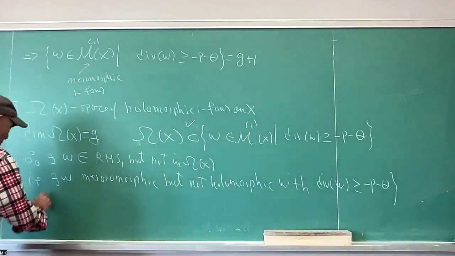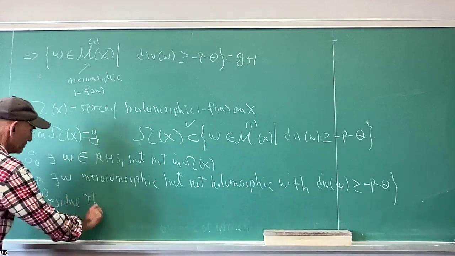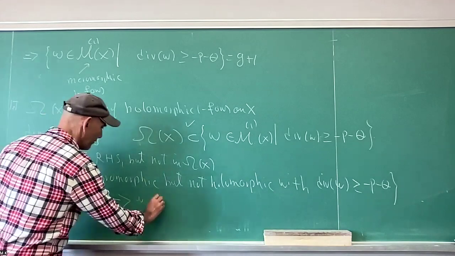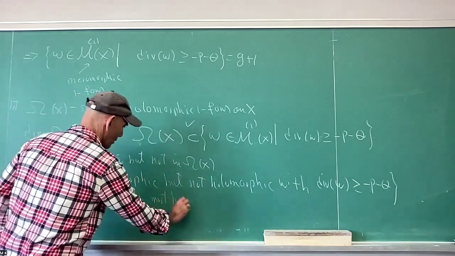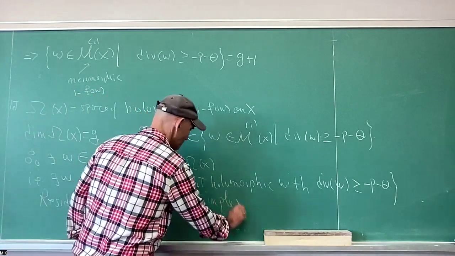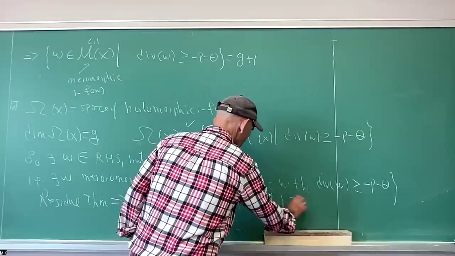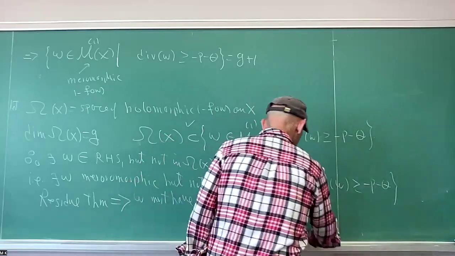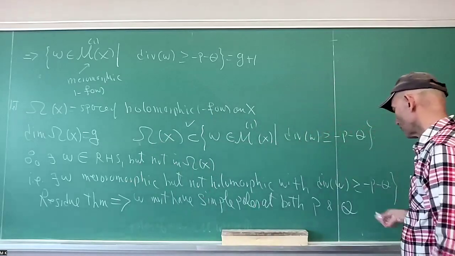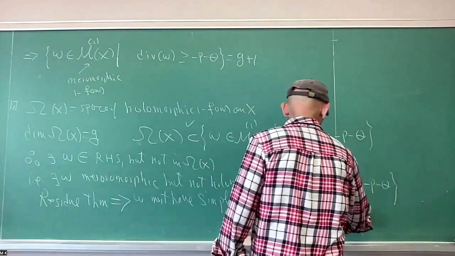So the residue theorem shows indeed, exactly, thank you. The residue theorem implies that omega must have simple poles at both P and Q with negative residues. So this is what we wanted anyhow.